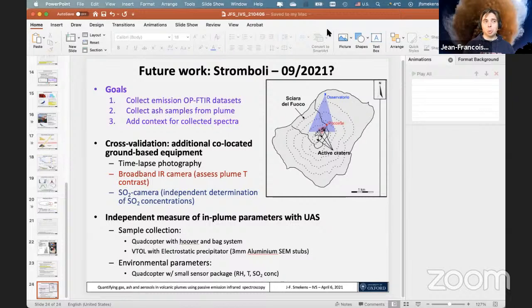Their pixel size is really large, and so they typically wouldn't be able to pick up events from Stromboli. It's certainly not of the magnitude that we're looking at here. So what we would really like to do is go back to Etna and look at some of those events. The method is very similar to the retrieval that is developed here in Oxford for IASI, and so I think there's a very interesting comparison to be had here.